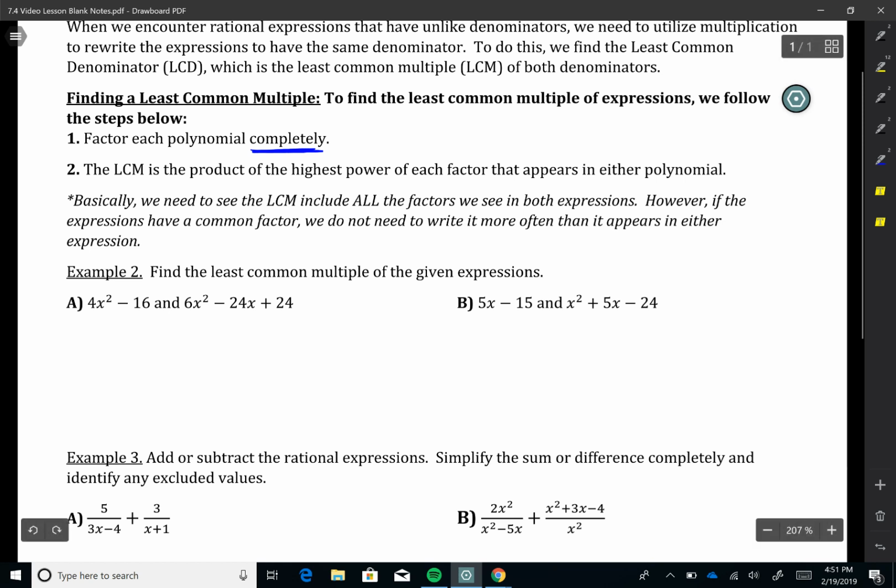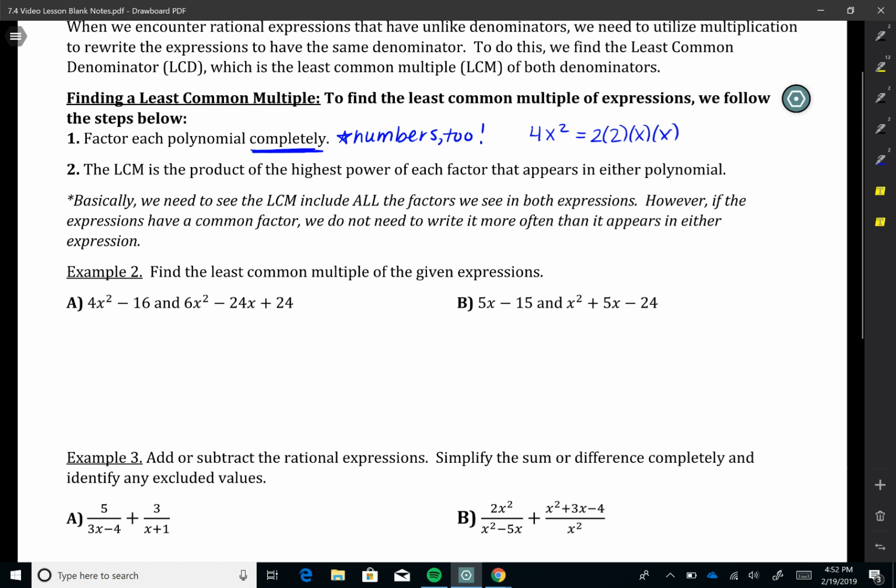So for instance, if I had a simple case like 4x squared, factoring that completely would be 2 times x times x. So I'm just literally breaking it all the way down as far as I can go to what is being multiplied together that's giving me 4x squared.